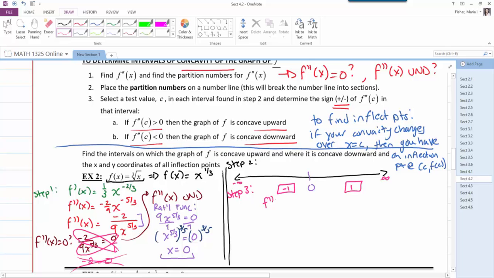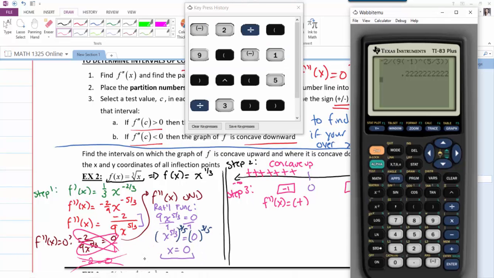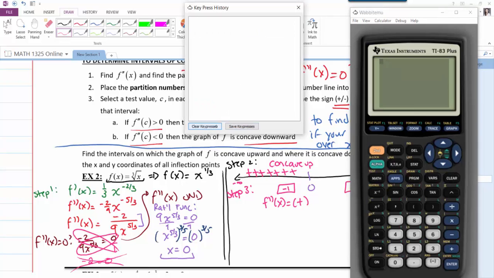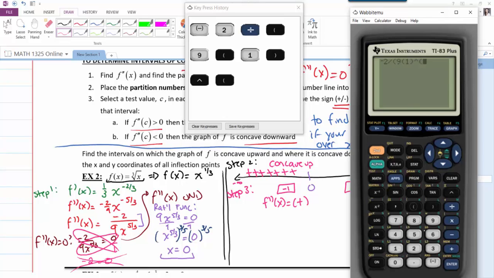So f double prime of x here is going to be something positive. So if I'm positive, that means that in this interval, I am concave up. Let's see what happens at positive 1. Again, we're just going to stick it in the calculator. So negative 2 divided by, parentheses, 9 times 1 raised to the 5/3.